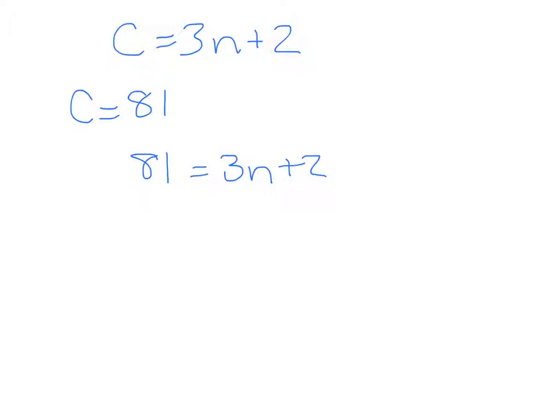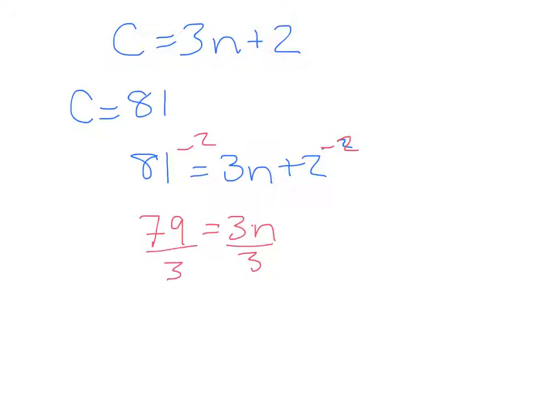And like we've been doing throughout this unit, I need to get rid of the 2 on this side, so subtract it here and subtract it here. So 81 subtract 2 is 79 equals 3n. 3 and n are being multiplied, so we divide both sides by 3.